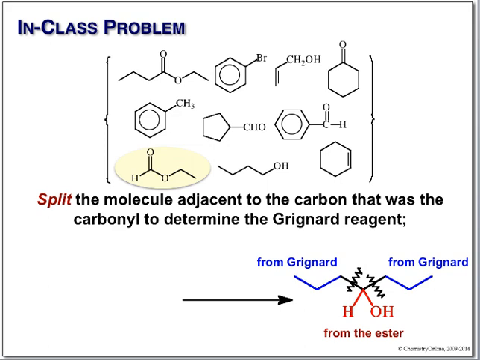So this is going to be 2 moles of our bromopropane. We convert that to propyl magnesium bromide. Here is our ester. Do this reaction, it adds twice, and we get our secondary alcohol.